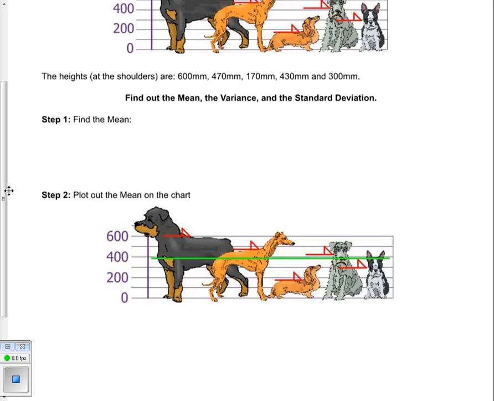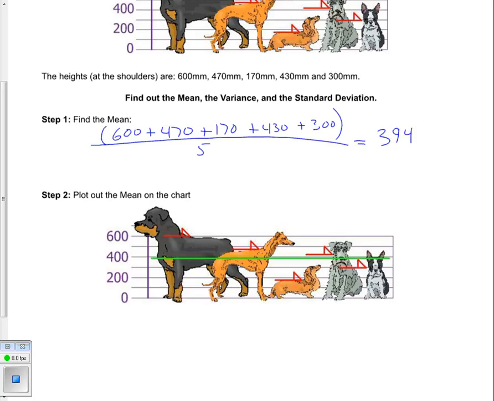So the mean is going to be 600 plus 470 plus 170 plus 430 plus 300, all divided by 5. Adding those together gives me 1970, divided by 5 is 394. So 394 is the mean height.